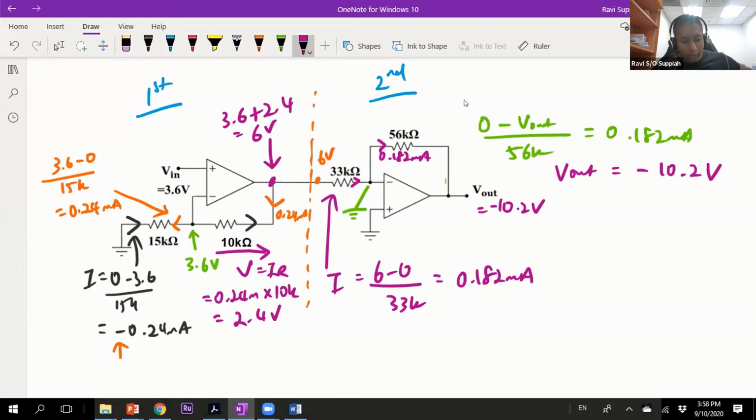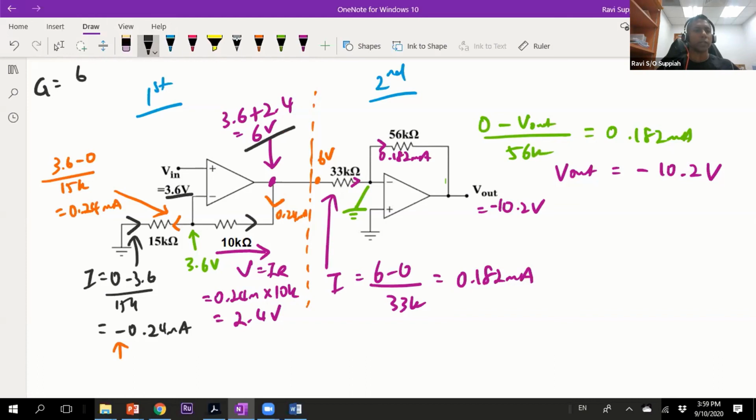All right, so now let's look at it from the gain perspective. What is the gain of the first stage or the gain of the second stage? How do you calculate? If you look at the first stage, the output is 6 volts and the input is 3.6.